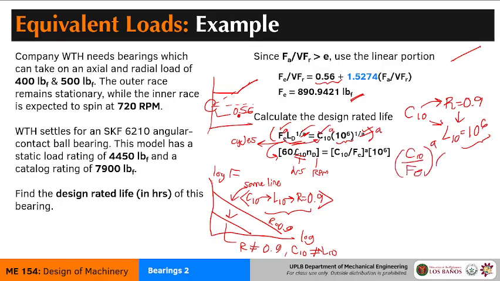And then your L10 is just here, and that is your LD. You can manipulate this further, or you can just get the actual value later on. You can use this as X, and then after you solve for this one, you divide it by 60 and your RPM, which is 720.